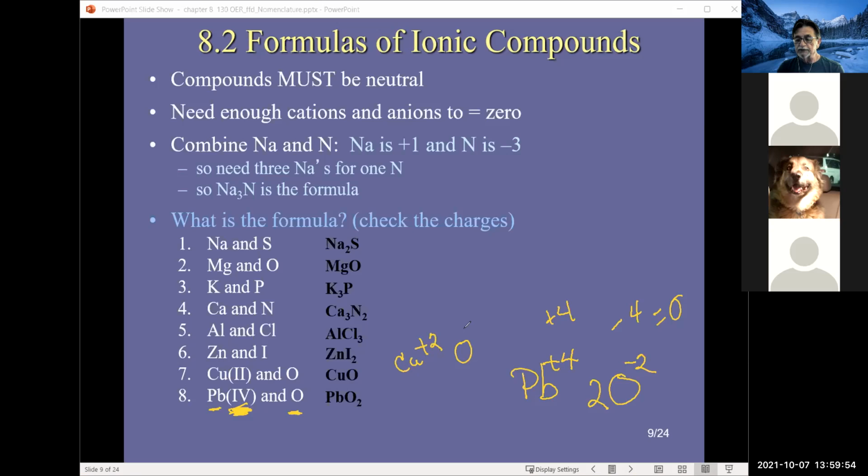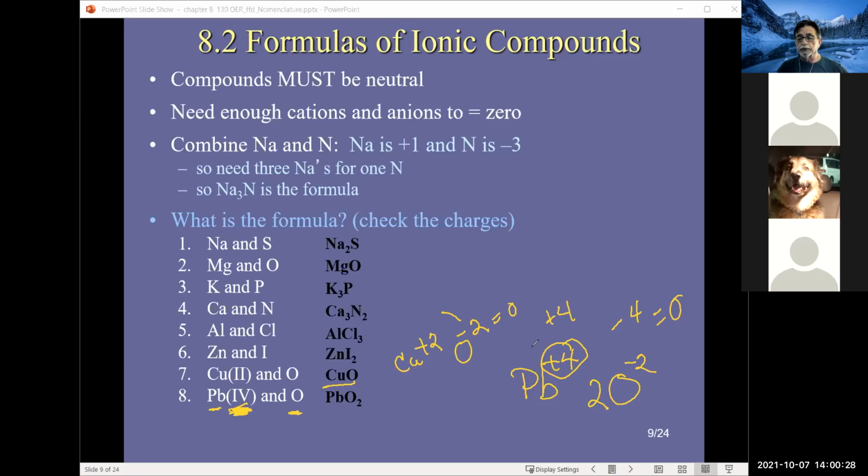But the oxides are -2. So I can put these together because they equal 0, 1-to-1. And that is why that formula is 1 copper, 1 oxide. Over here, we need to have 2 oxides to balance the +4 of the lead. You see that? Does that make sense to you?